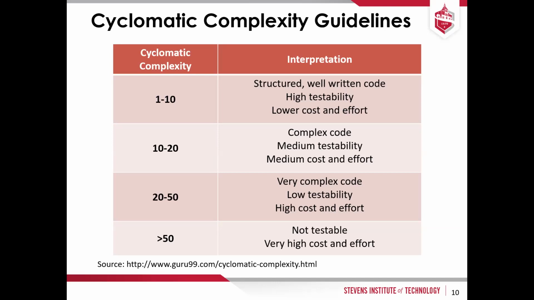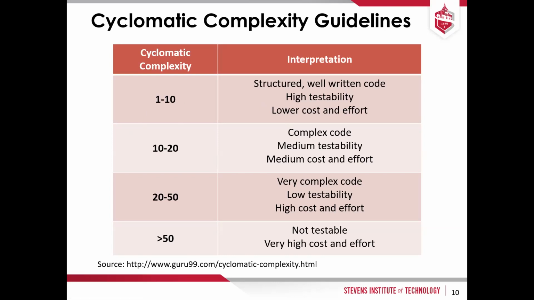Any system with CC greater than 50, we generally think of as not testable at all. It's super costly and needs very high effort to be able to test even some part of it. So as a general idea, we try to keep all our designs between 1 and 10 cyclomatic complexity.